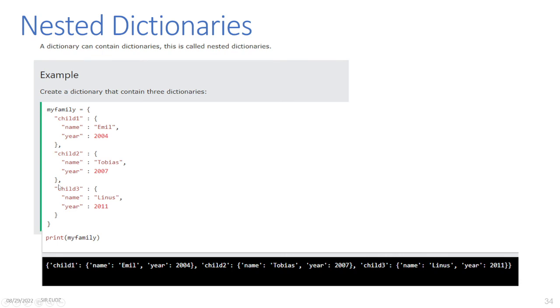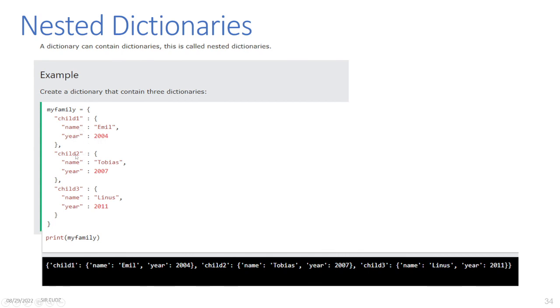Nested dictionaries. A dictionary can contain dictionaries. This is also called a nested dictionary. Create a dictionary that contains three dictionaries. We have my family, with open and close curly brackets. That means it's a dictionary or a set, but it's a dictionary because we have keys and values. Inside we have child 1, that's a key, and the value of the key is another dictionary, with name and year.